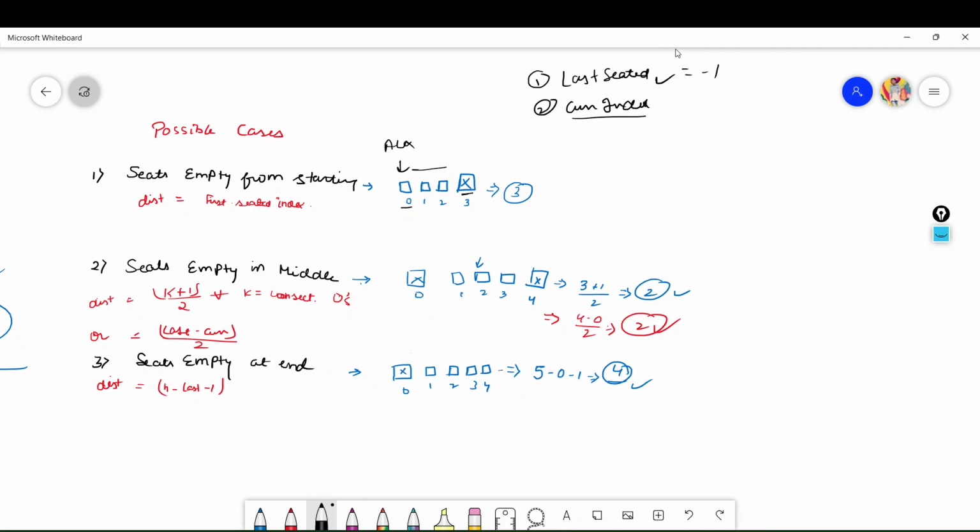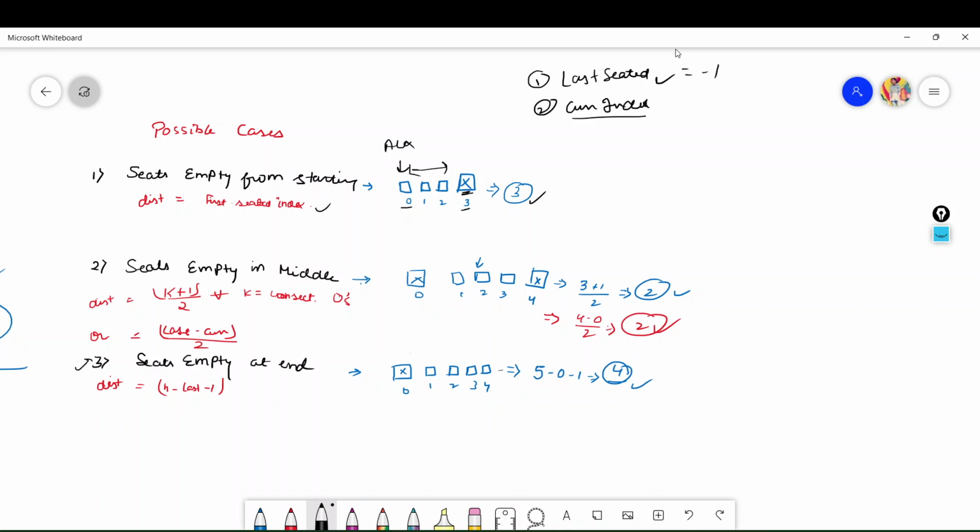So obviously the maximum distance possible in this case would be the first seated index, if no other person is sitting from the start. And how we will find that out, we will look at this situation later in the code, right? So for that, we have to simply return the first seated index. The first seated index is 3 in this case, so we will return 3 as the maximum distance possible in this case, right?